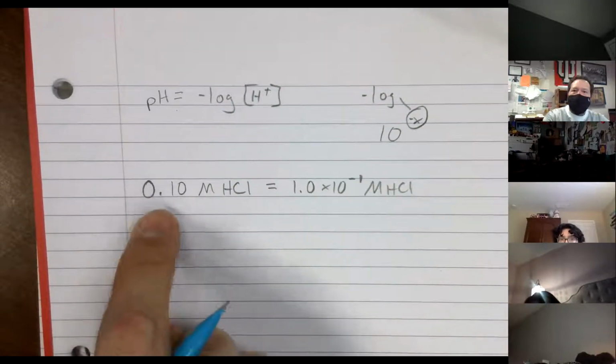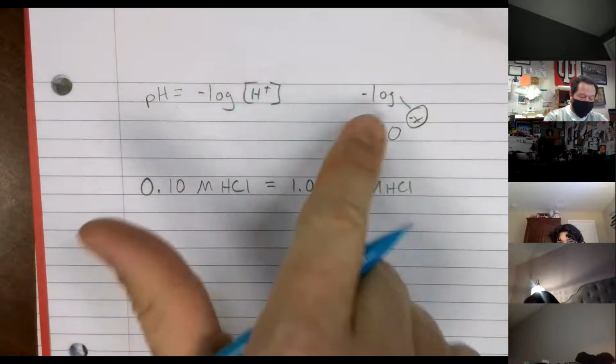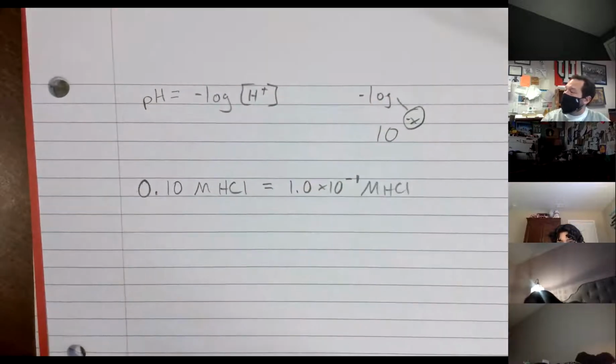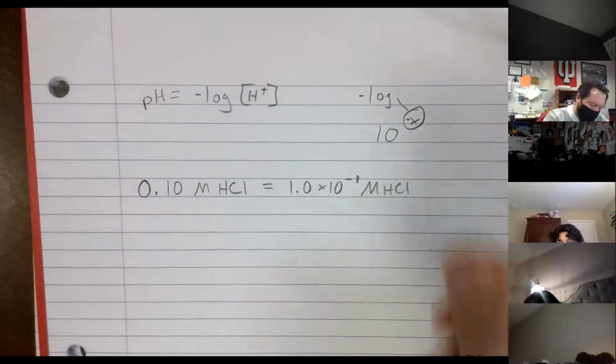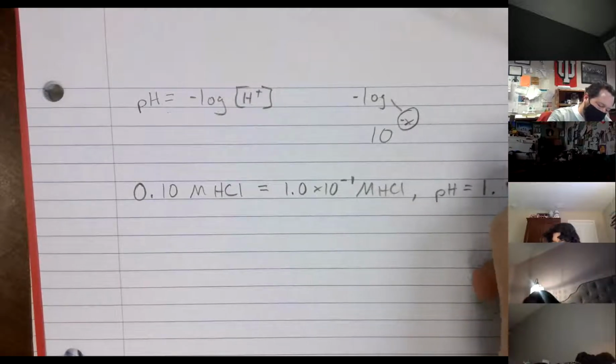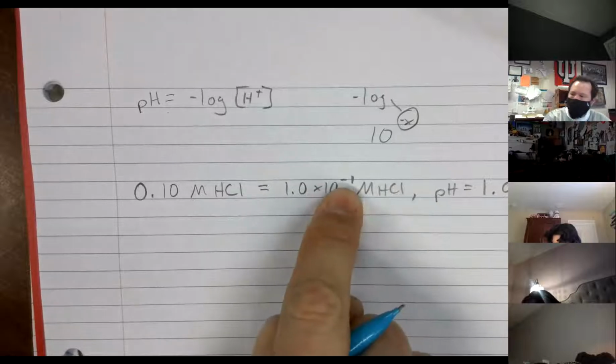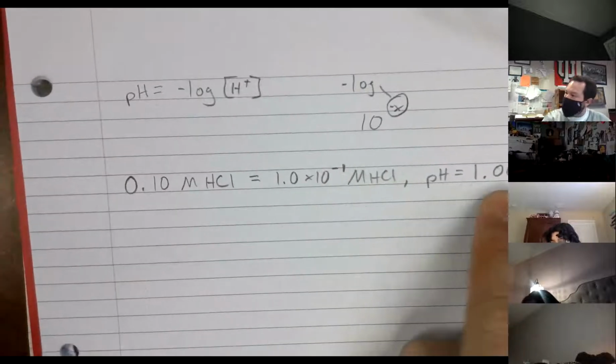We're one place behind the decimal. Any thoughts what the pH of this would be? Again, a pH is just a log. A log is just the exponent on 10. Chelsea? Yeah, we're just one place behind the decimal, so our pH is 1.